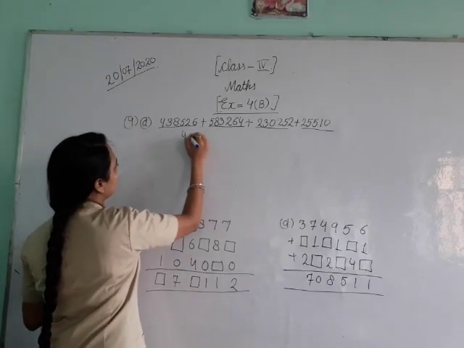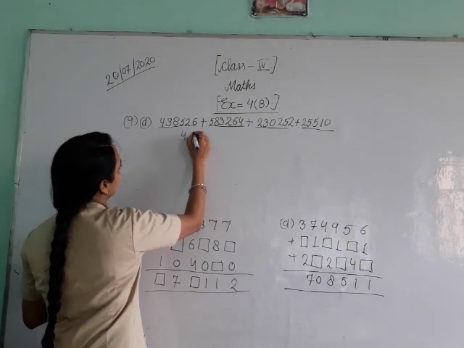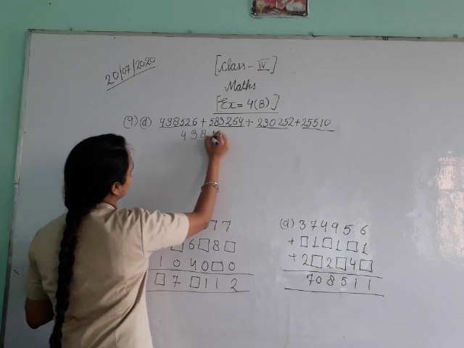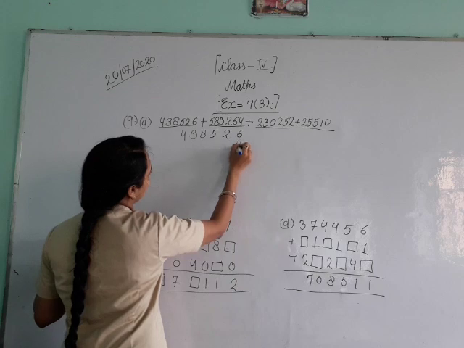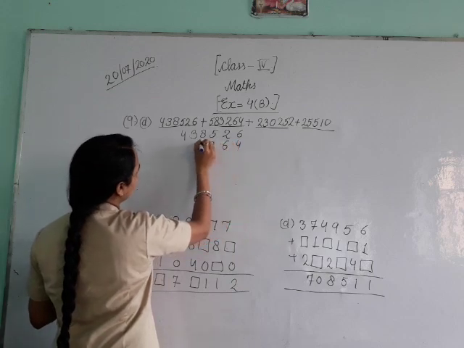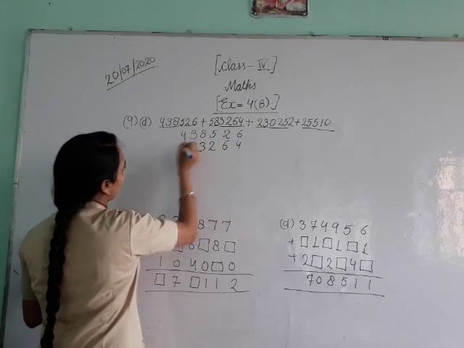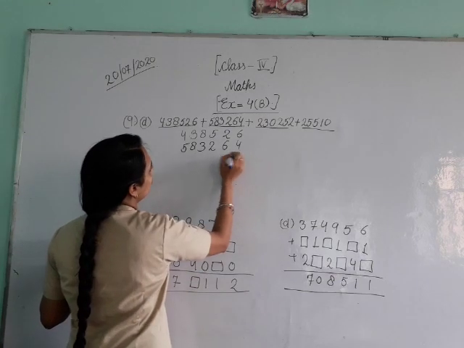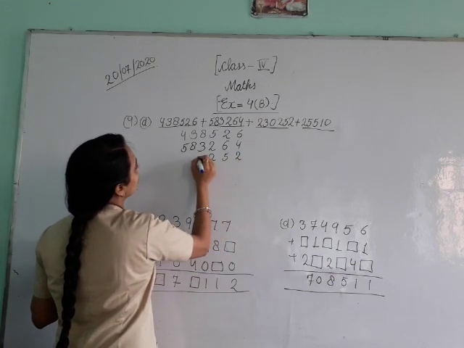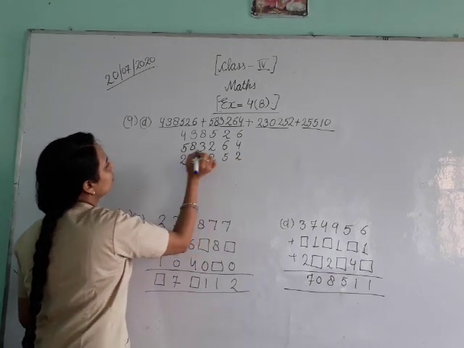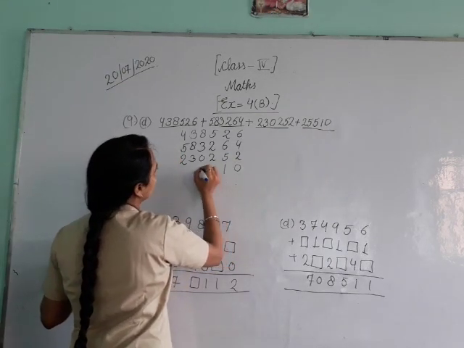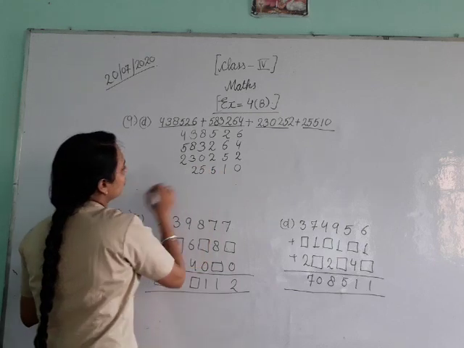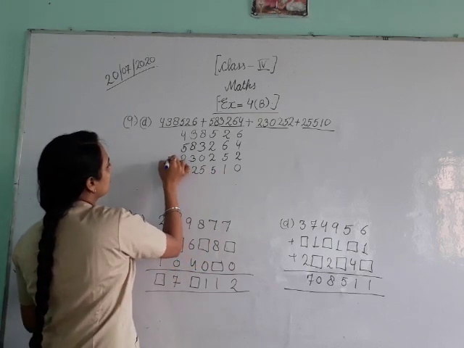Then 4, 3, 8, 5, 1, 5, 5, 2. If you want, then you can put here 0 also.